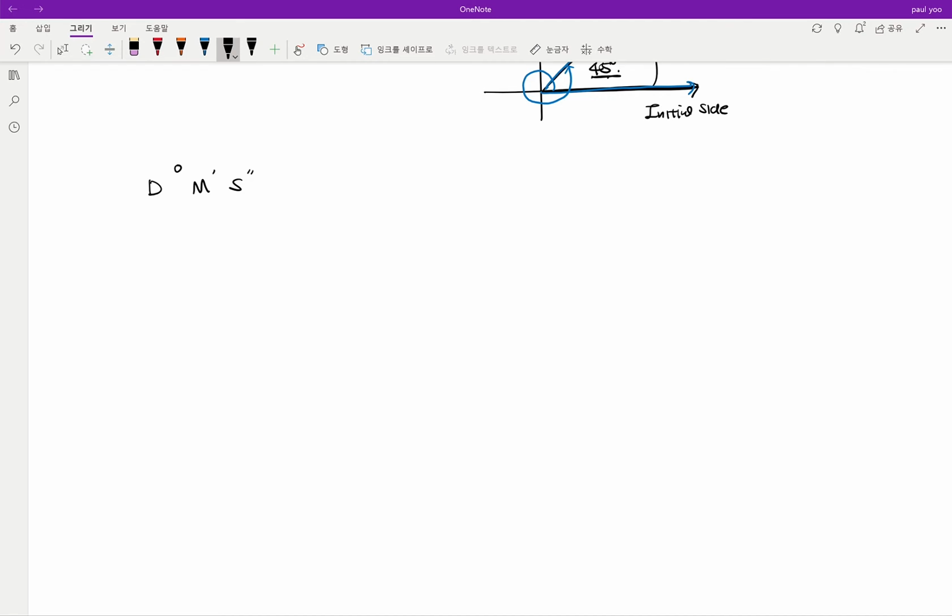Another thing that you may learn from 12-1 is the usage of degrees, minutes, and seconds. We all know 1 minute is equal to 60 seconds. The same logic applies here: 1 degree is equal to 60 minutes, and that is also equal to 3,600 seconds, where 1 minute is equal to 60 seconds.